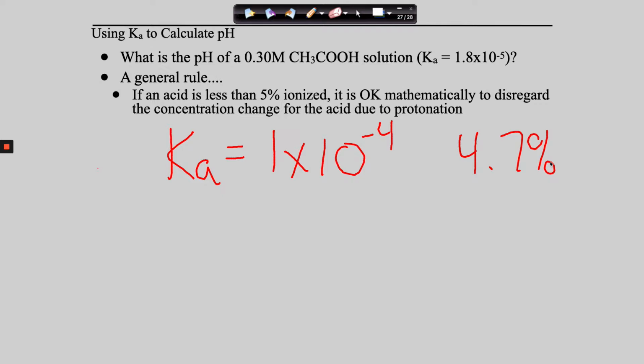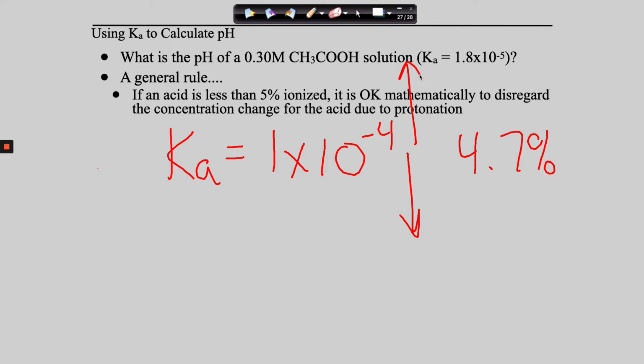So guys, this then becomes the rule. If the Ka value is smaller than 10 to the negative fourth, you are always safe to get rid of the minus x. If the Ka value is greater than 10 to the negative fourth, it's never okay to drop the minus x.